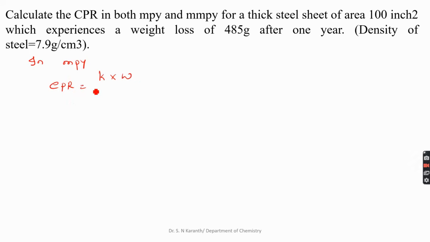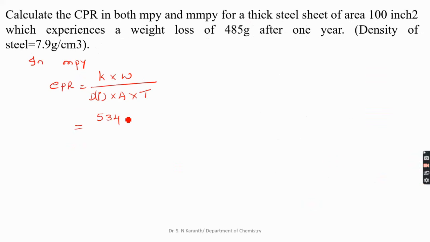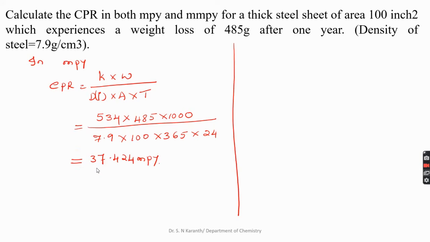CPR equal to K into W by density into A into T, that is equal to 534 multiplied by W. 485 gram should be converted into milligram, divided by density 7.9 into area 100 into 1 year, that is 365 into 24. After calculation, I got 37.42 for Mpy.